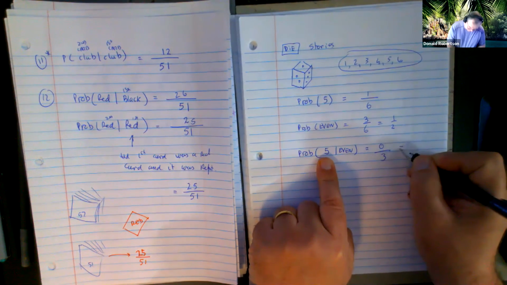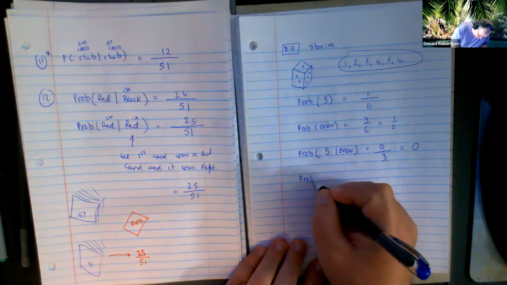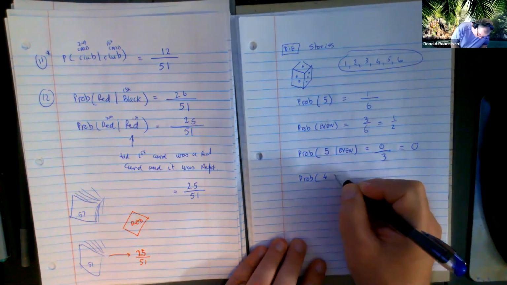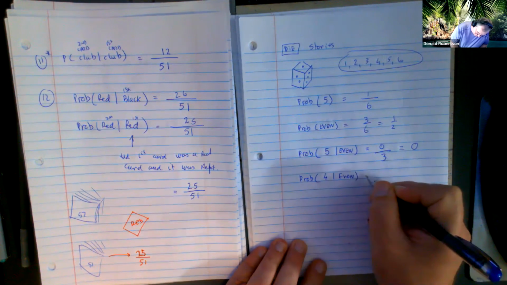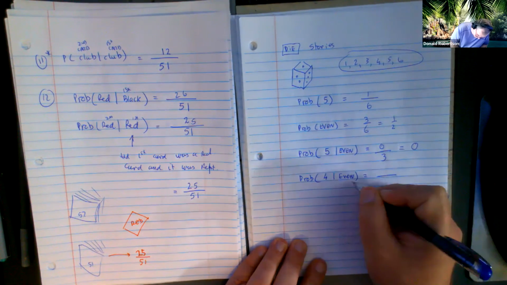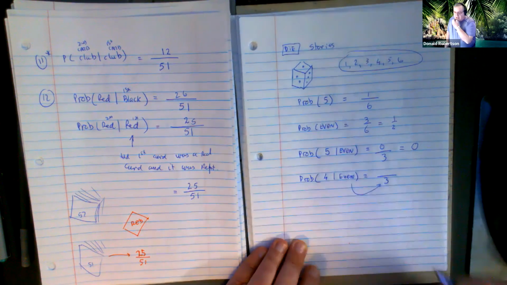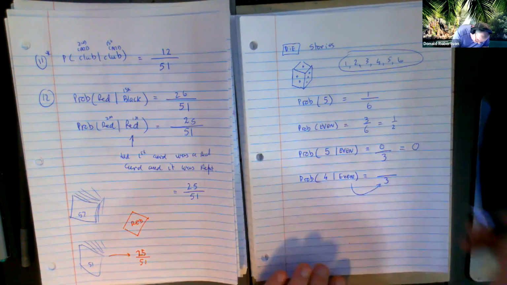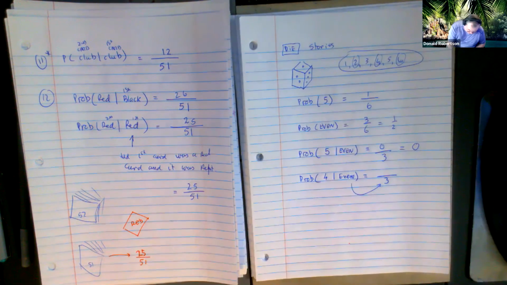So the answer is 0. On the other hand, what about the probability that you get a 4, given that it's an even number? There are 3 even numbers, so that goes in the bottom. And how many of those even numbers is a 4? Just one of them.